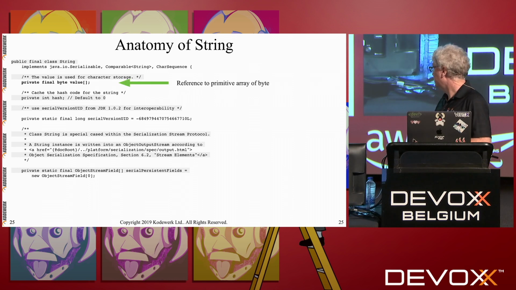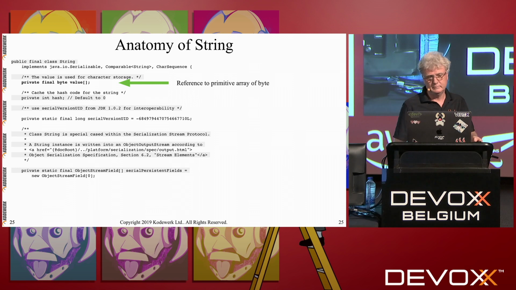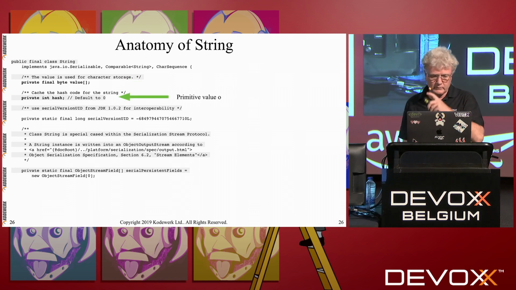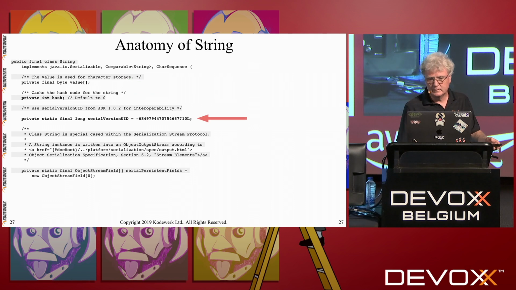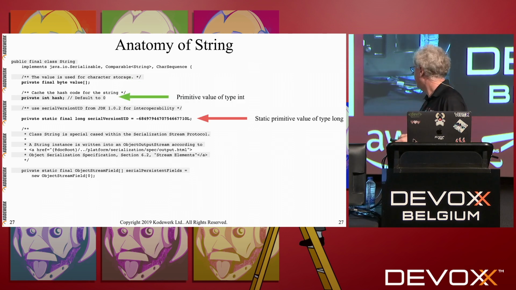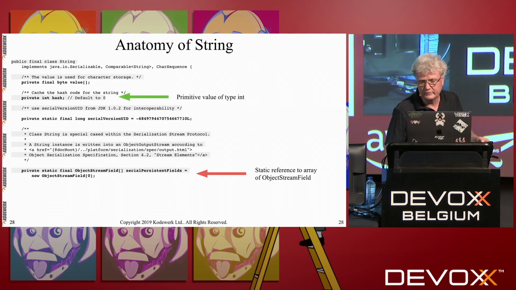Okay, so we have a reference to a primitive array of byte. We have a primitive value of type int in here. Whoops, that's weird. Then we also have a static primitive value of type long. And down here, we're going to have a static reference to array of object stream fields.